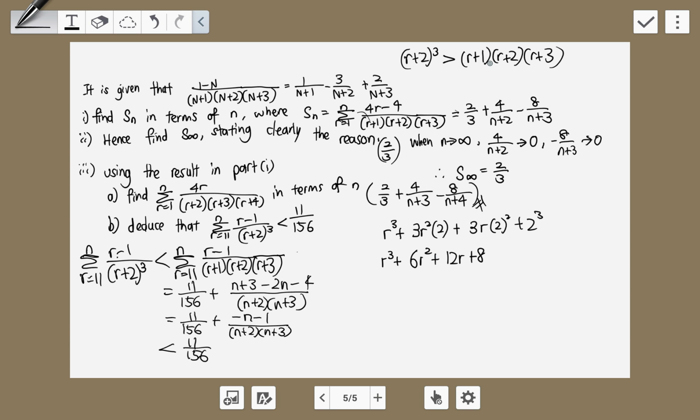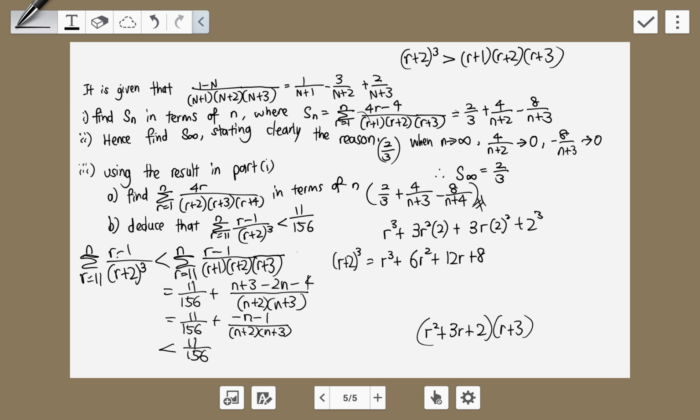So on the other hand, we have this one. This is r plus 1, r plus 2, r plus 3. On the other hand, we have r squared plus 3r plus 2 on this side, r squared plus 2r plus 1r, so 3r plus 2, okay, on this side, then times r plus 3.